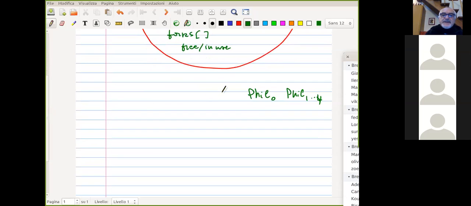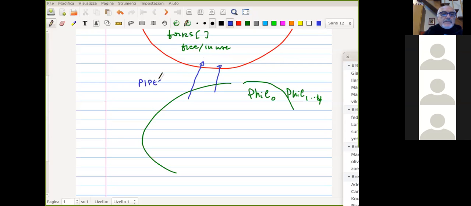The philosopher is a very simple process. The simplest solution is to have 2 pipes. So each philosopher has 2 pipes. I will explain why 2. 2 pipes to talk with the waiter.